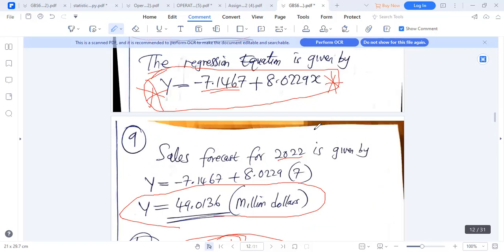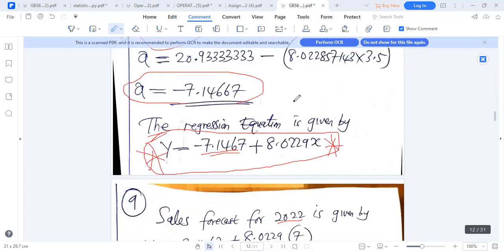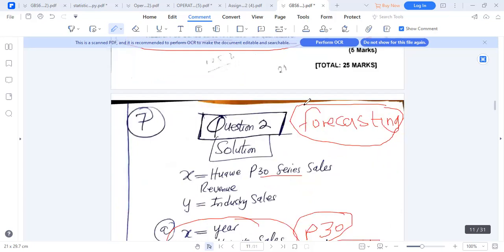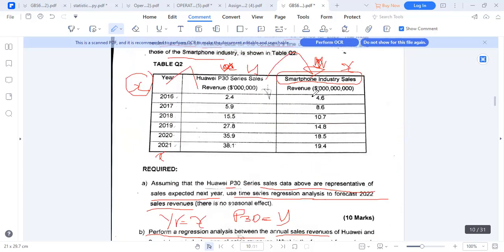Then the other one, we are finding the equation now using the two parameters. The question tells us to use the O industry and the P30 series.